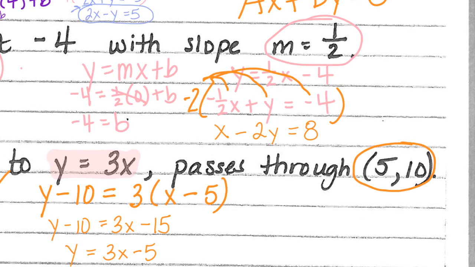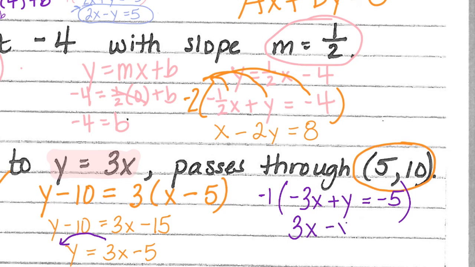So standard form is ax plus by. I've got to get this guy over, and I'm going to subtract the 3x to get it over. And I can't have that a be a negative or a fraction, so I'm going to multiply everything through by -1, and I get 3x minus y equals 5.